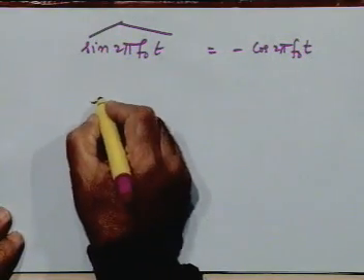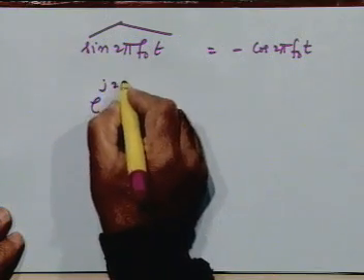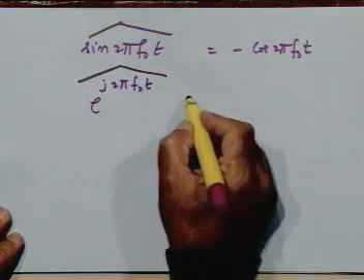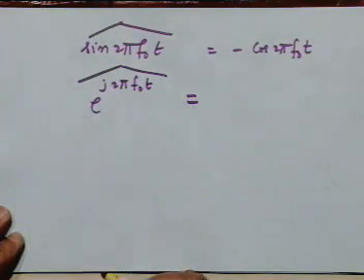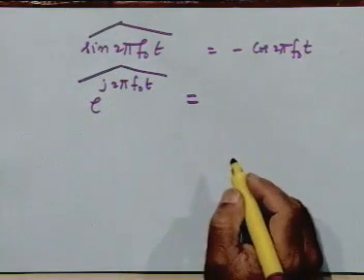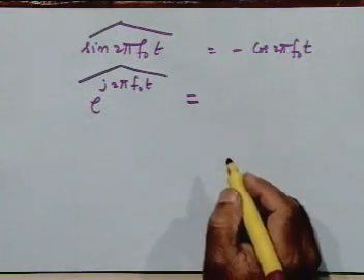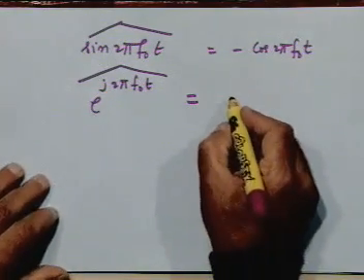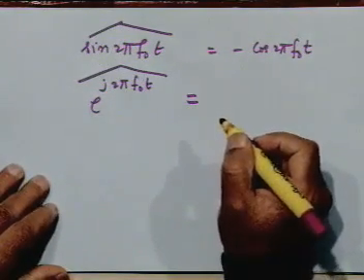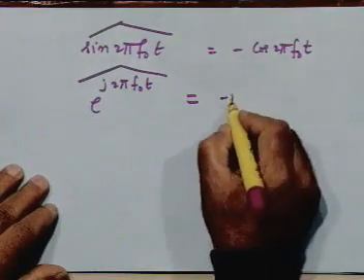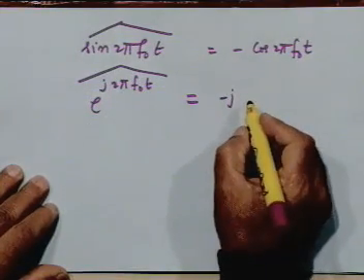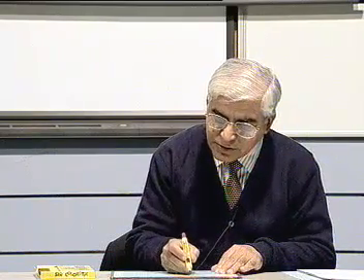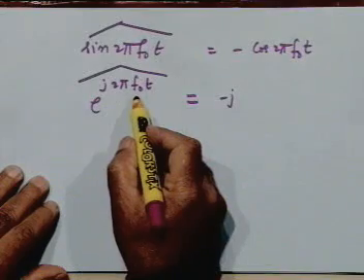In general, suppose I now consider the complex sinusoid and take the Hilbert transform of that. What will that be equal to? Minus j times the complex sinusoid. You'll have to be a little careful. It will depend on the sign of f naught also.